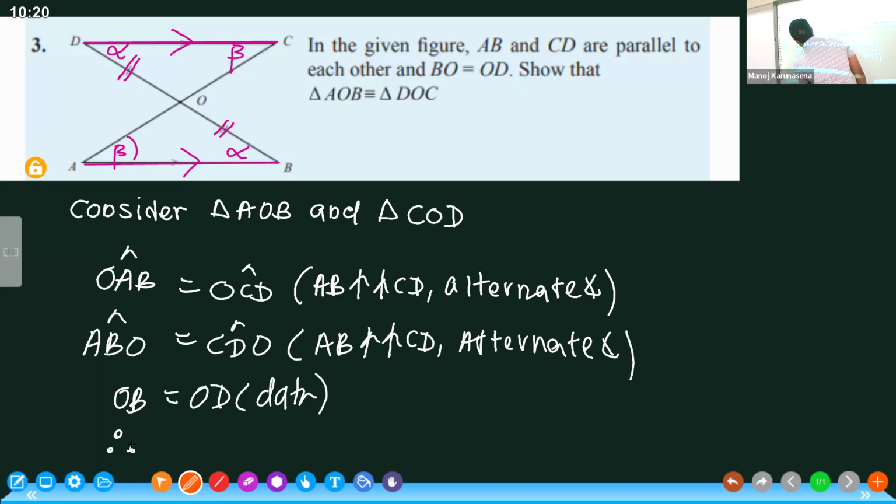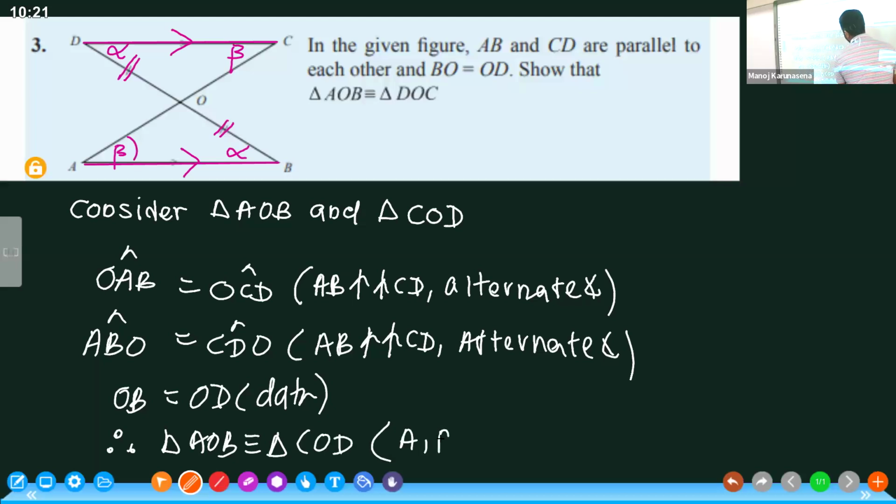Therefore, triangle AOB is congruent with triangle COD. The case is angle, side. The case is angle side.